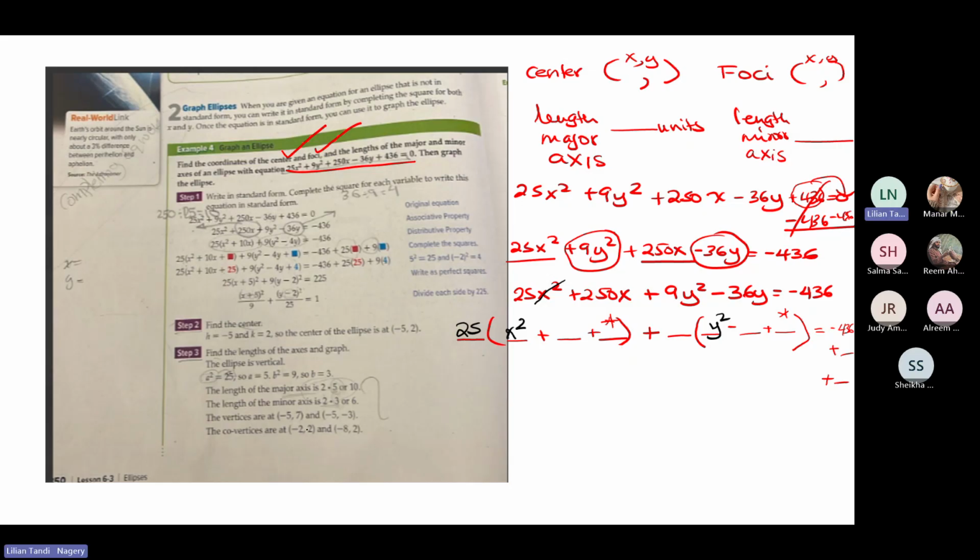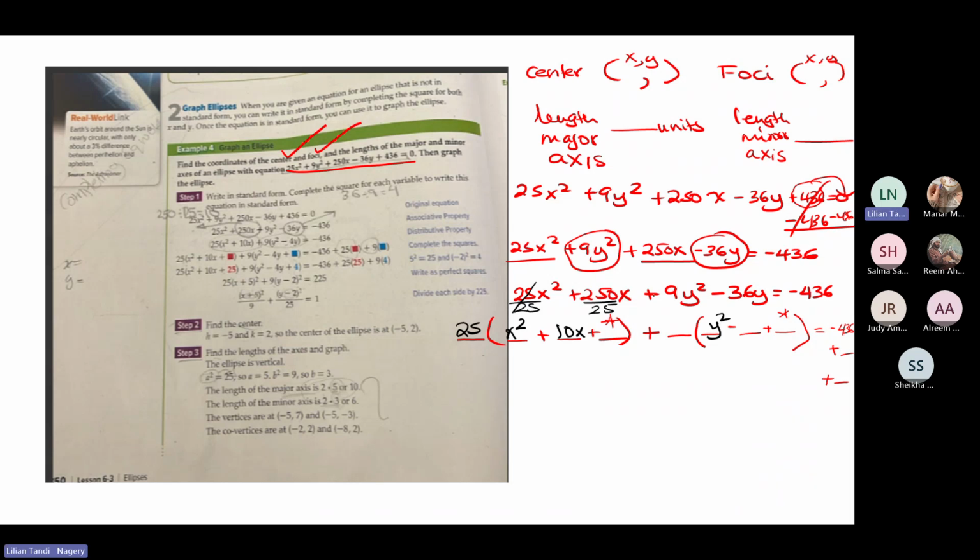We are good? Yes or no? Yes. Then I removed it, so I should divide everybody by 25. 250 divided by 25 is 10x, not just 10. 10x.